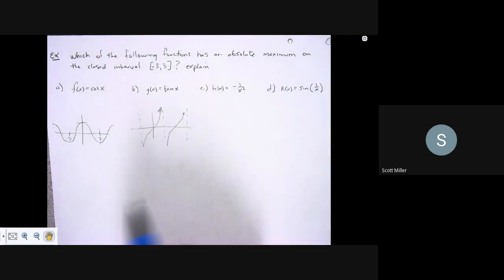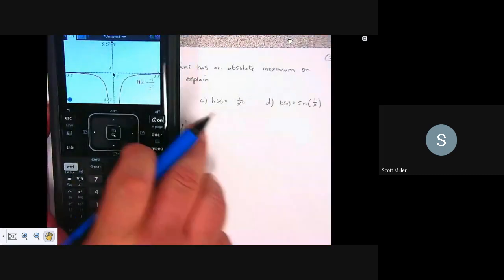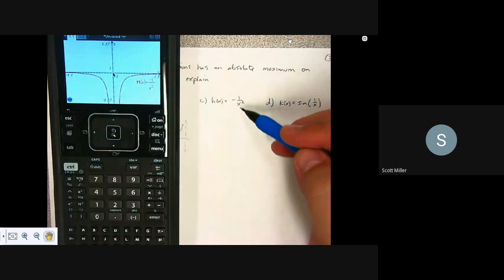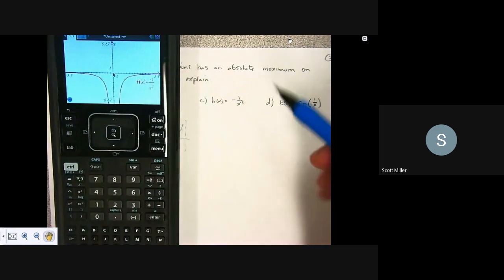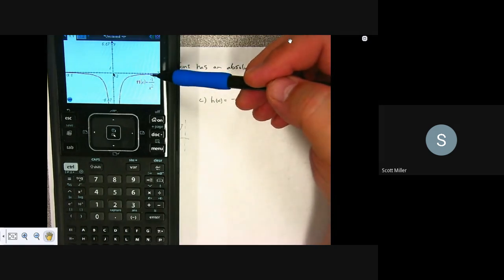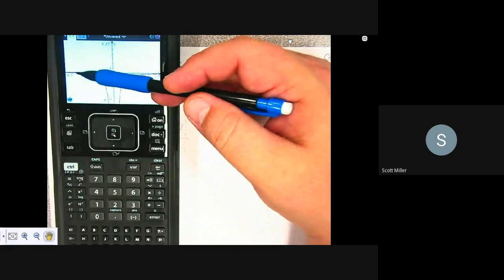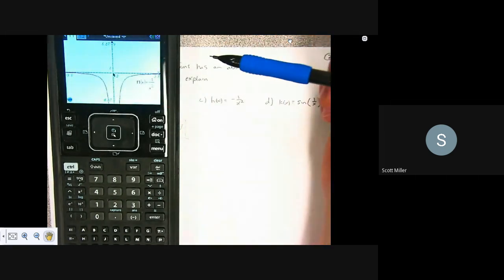What about these other two over here? These other two I graphed on a calculator so you can see them. So -1 over x squared. If I have the closed interval, I have it set up at 3.5. So right here would be where it would end, and there would be a dot there because we have a closed interval. And over here we would have a dot there. So does this graph have an absolute maximum?